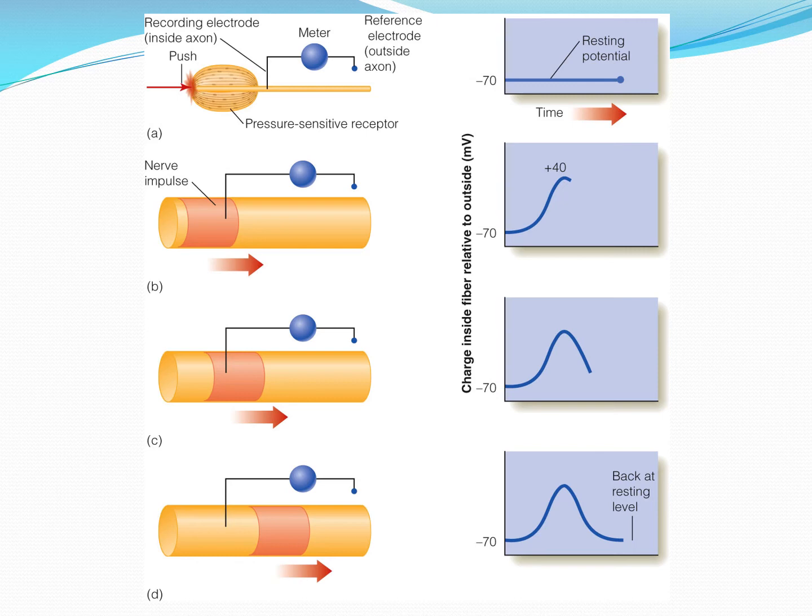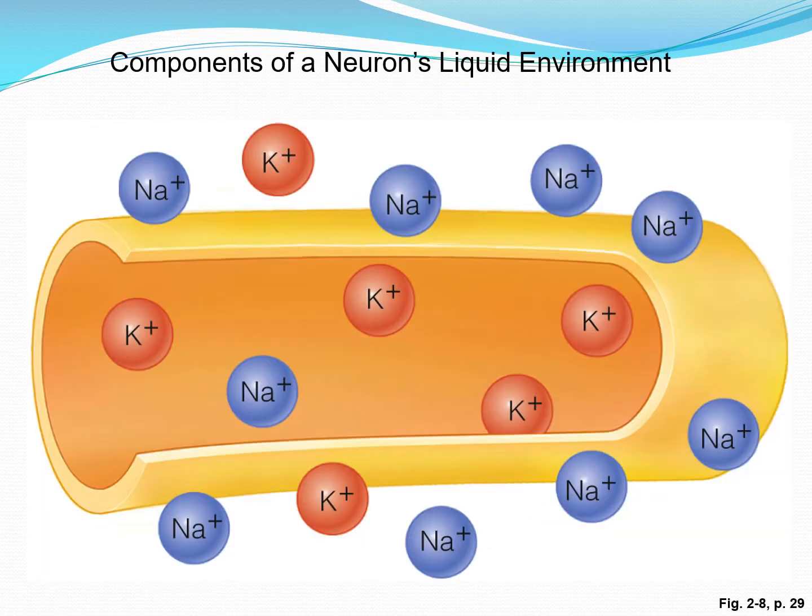Now we're going to walk through what's causing that change in electrical charge, or in the voltage of the axon. For us to understand what's happening on that oscilloscope with that change in voltage, it's important to understand the components of a neuron's liquid environment.